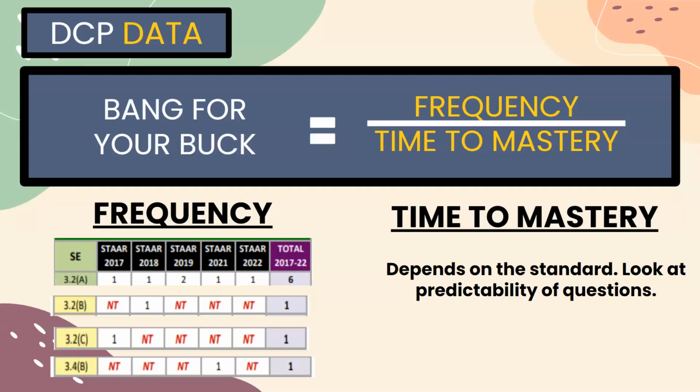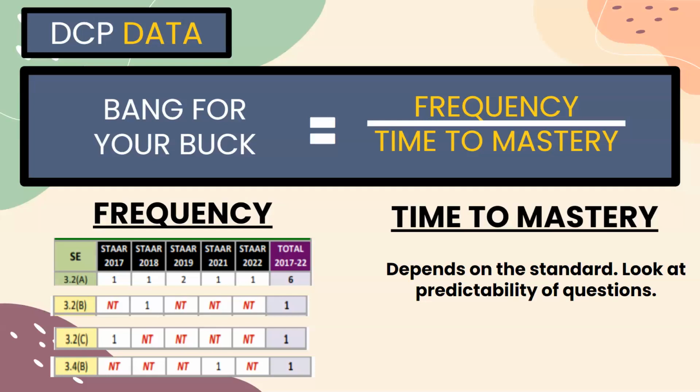So when I look at these two TEKs, if I were going to tutor or accelerate or reteach, I would focus more on 3.2a than I would on 3.2b for a few reasons, but one of those reasons being the frequency. Like, there's not a big chance that 3.2b will be even on the STAAR test this year, but it's a for sure thing that 3.2a will be, okay? And so that would be a TEK that we would say, okay, possibly that's one I'm gonna go after.